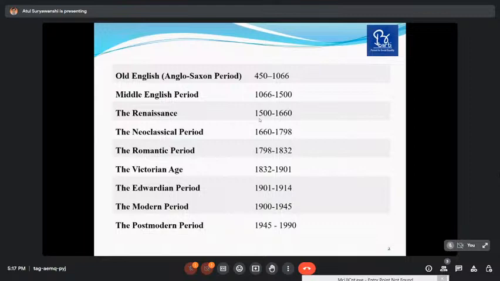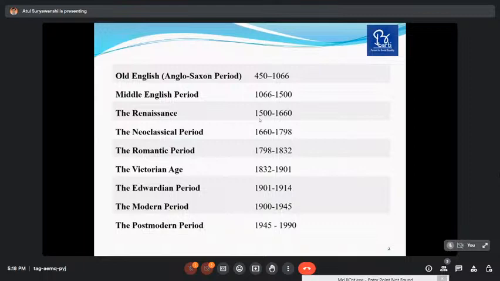The next period in this series is the neoclassical period, which initiated in 1660 and lasted to 1798. After completion of this period, a new period initiated in English literature, entitled the Romantic period, in which English literature flourished and developed. The time period was 1798 up to 1832.